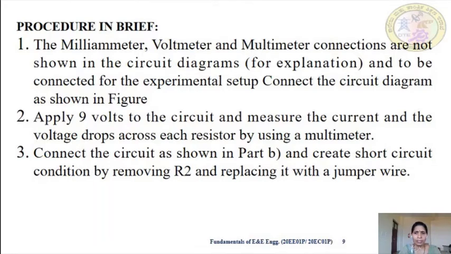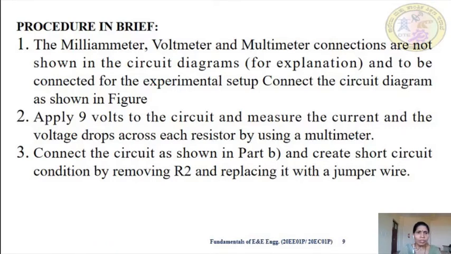In this circuit diagram we have shown only the 9-volt battery and the resistors, but while conducting the experiment we should connect the voltmeter and ammeter for measurement of voltage and current. For the measurement of resistance we should use the multimeter. In the second step, apply 9 volts to the circuit and measure the current and the voltage drops across each resistor using the multimeter.